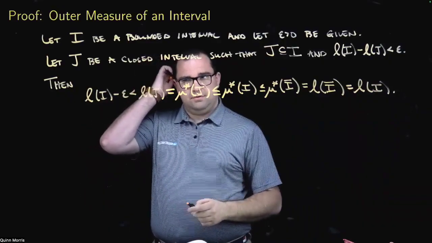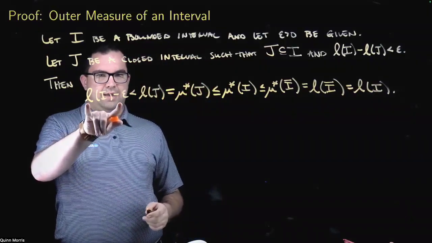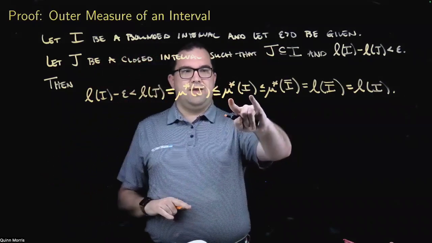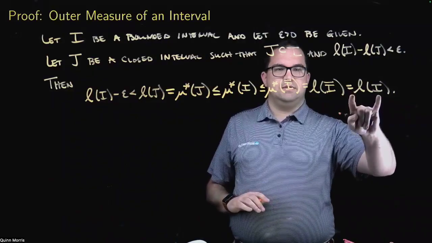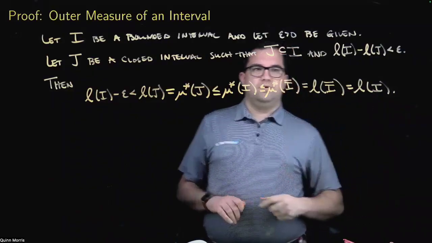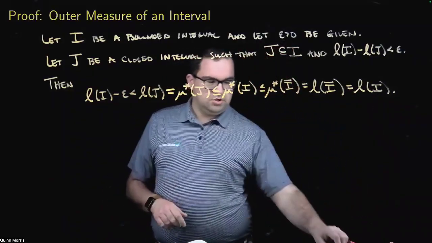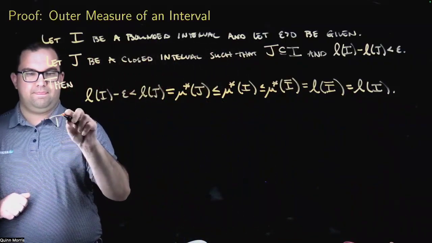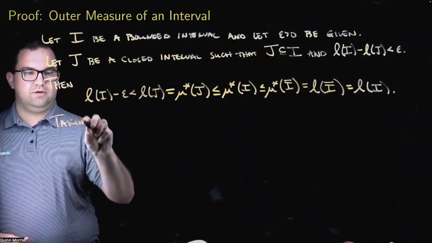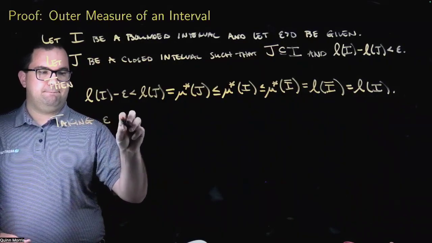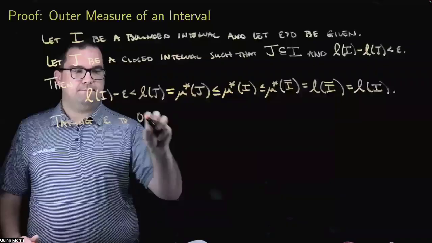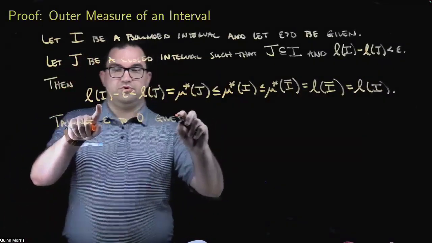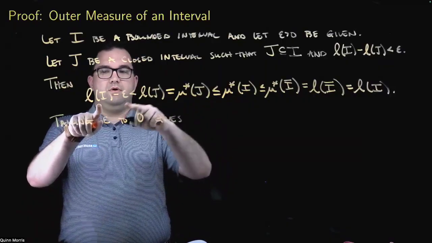So what do we have? We have the length of I minus epsilon is less than or equal to the outer measure of I, which is less than or equal to the length of I. So taking a limit as epsilon goes to 0, this holds for every epsilon greater than 0.